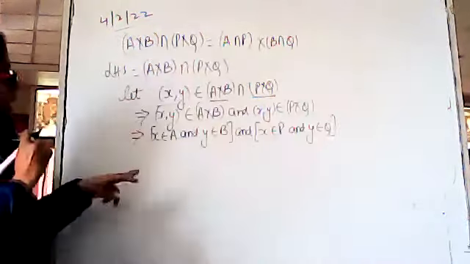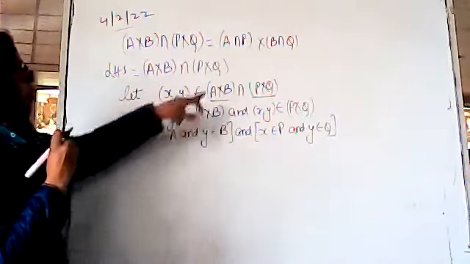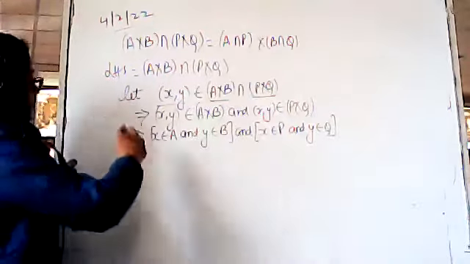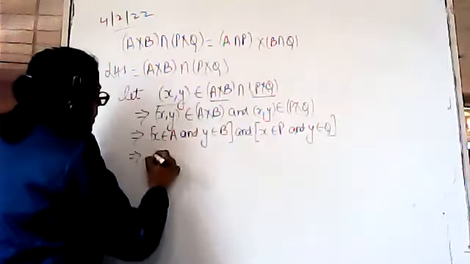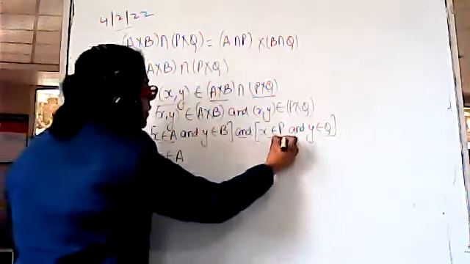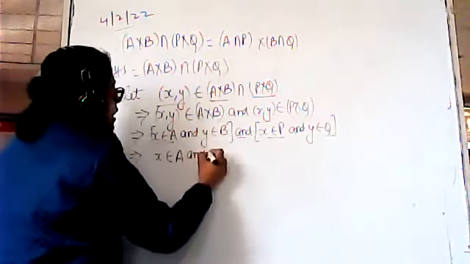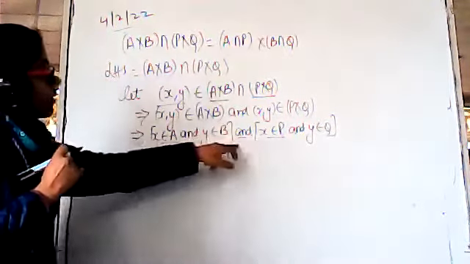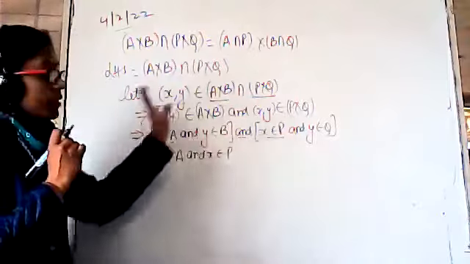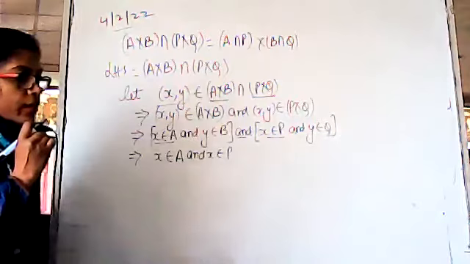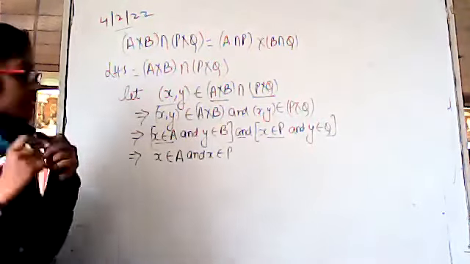Now see right hand side. We want that the element belongs to A intersection P. Combine the terms accordingly. x belongs to A and x belongs to P. Everywhere is and. We can write the terms according to our conditions. We did associative law last time.